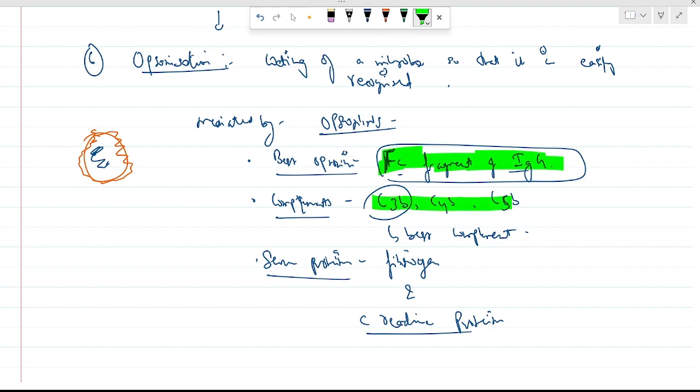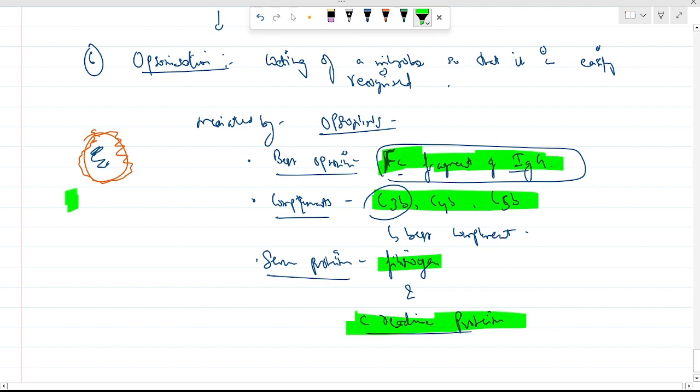Also the complements C3b, C4b, C5b, fibrinogen and C-reactive proteins. These coat around this microbe so that it is easily recognized by our leukocyte.